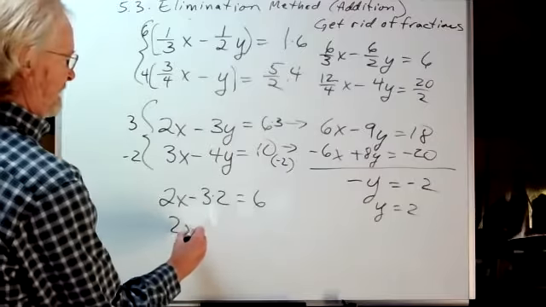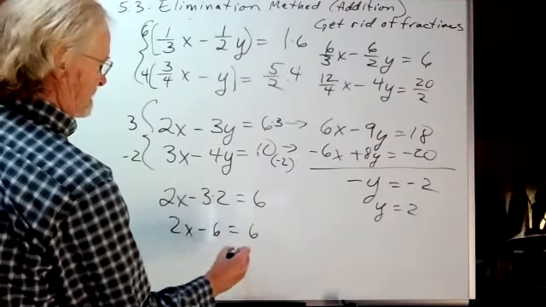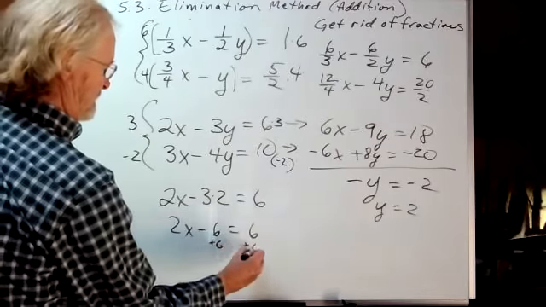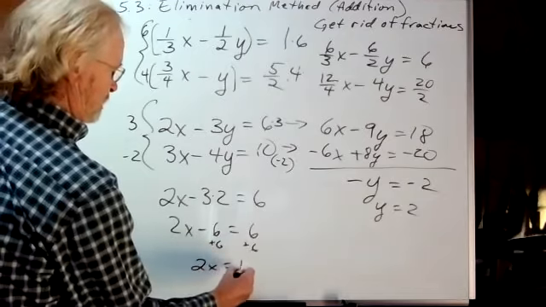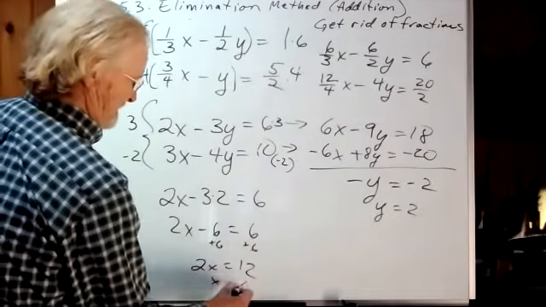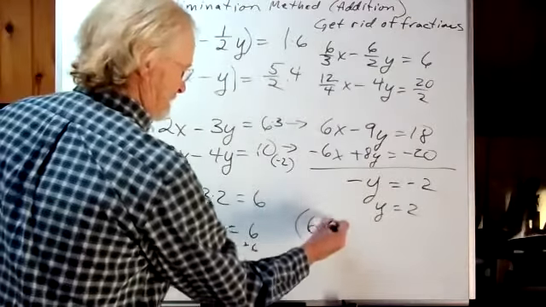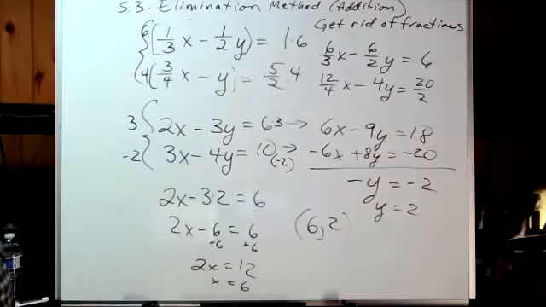And so 2x minus 6 equals 6, add 6. 2x equals 12, x is 6. So 6, 2. The point of that one was just getting rid of the fractions. Okay? Getting rid of the fractions.